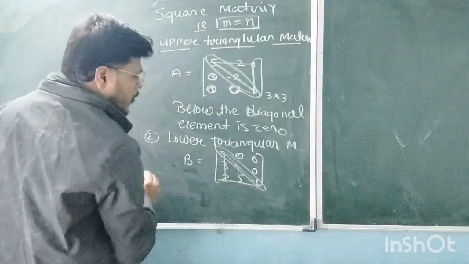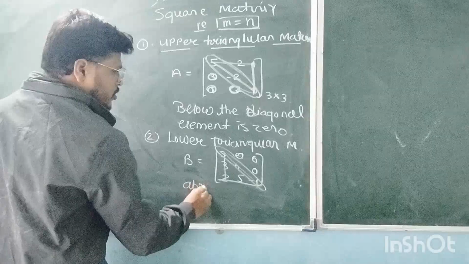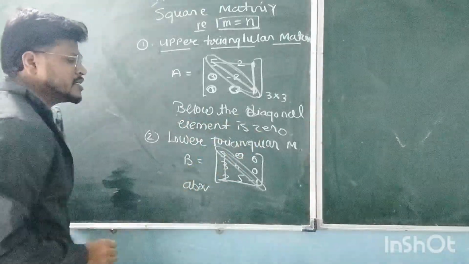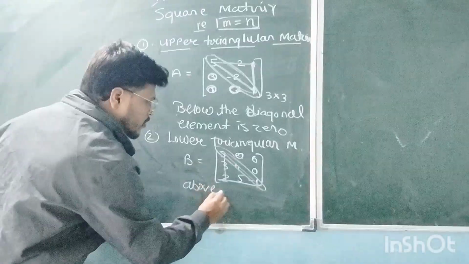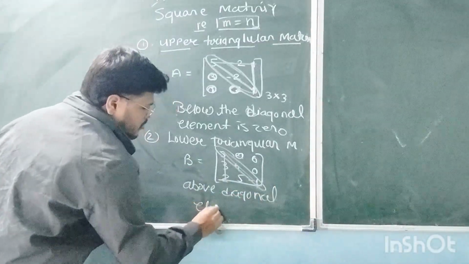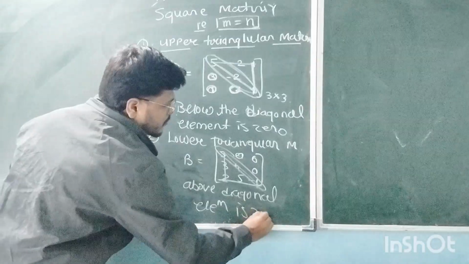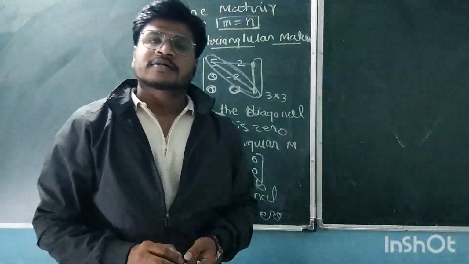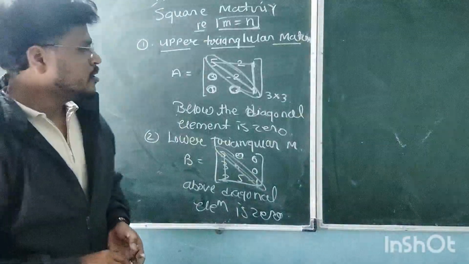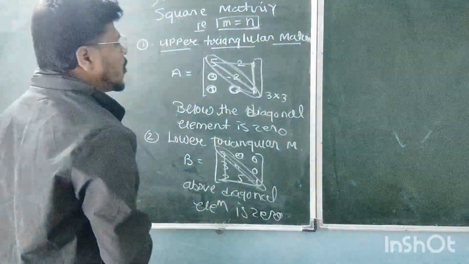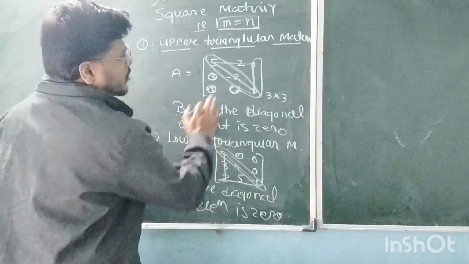If the elements above the diagonal are 0, then it is called a lower triangular matrix. Above diagonal elements are 0, then it is called a lower triangular matrix. Some students are confused here. Some questions occur from this topic.